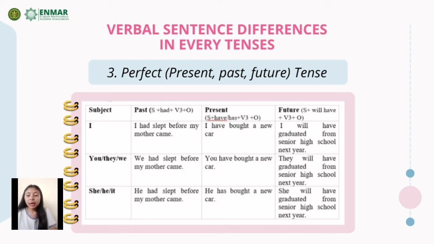For example, I will have graduated from senior high school next year. I is a subject, will have graduated is a verb 3, and senior high school is an object, and next year is a complement. So that's all about the 9 patterns of tenses included in the presentation.